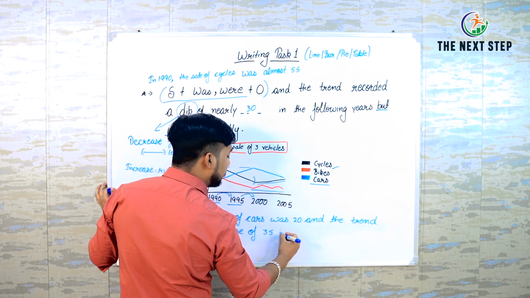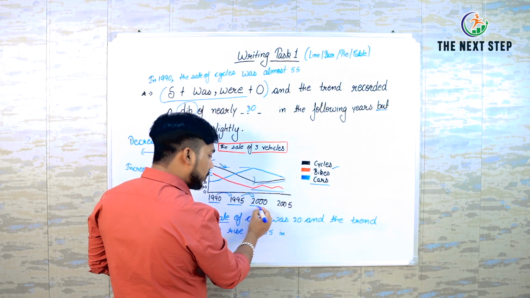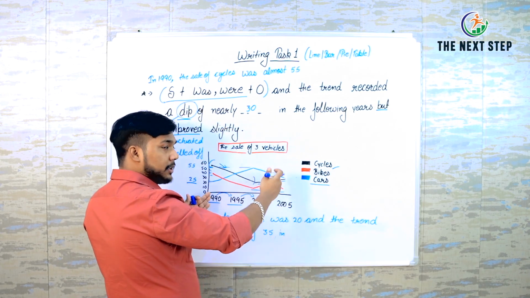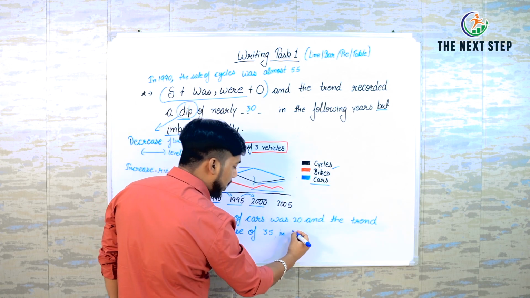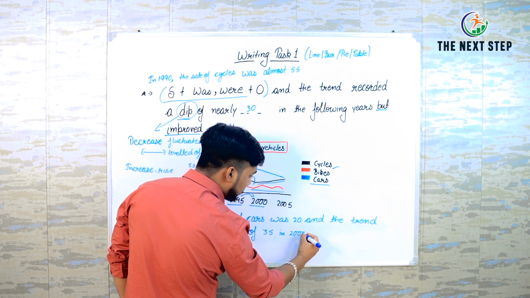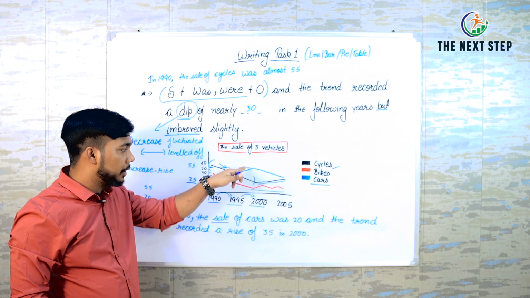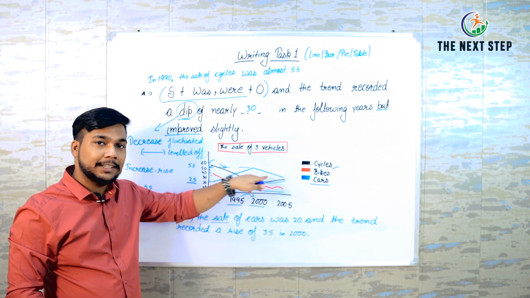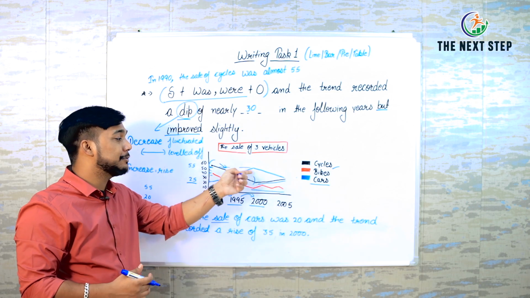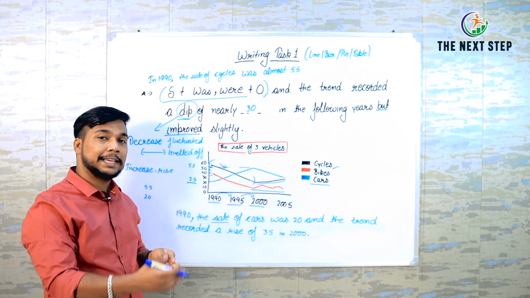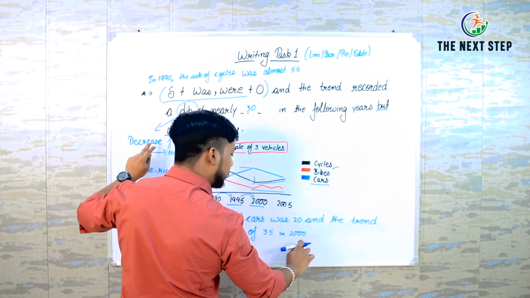in, if you don't want to write in the following years, you can write the year where this rise finishes. For example, from here to here, it is about 2000. In 2000. After this you can follow any of the rules, like here it is a slight decrease, or if you are not able to know whether it is fast or slow, you could simply say it decreased. But let me complete it for you.